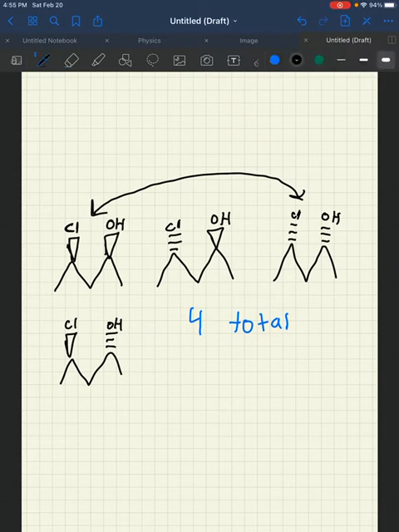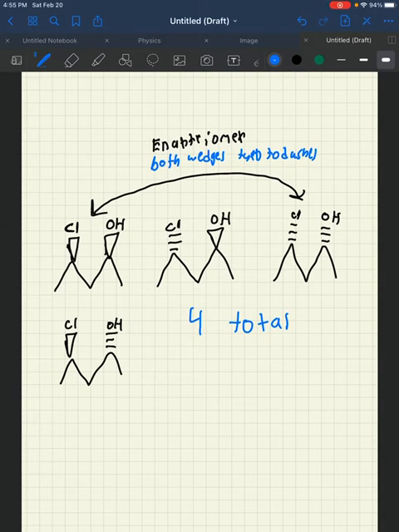These are enantiomers because both wedges are turning into dashes. That's why those are enantiomers.